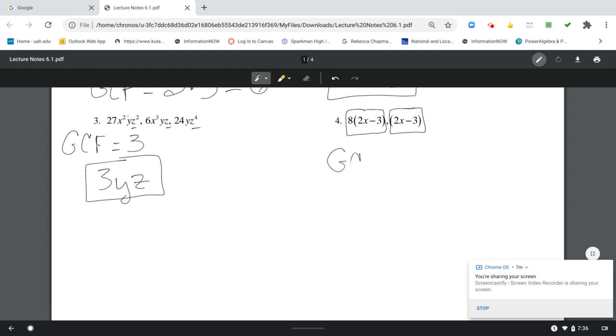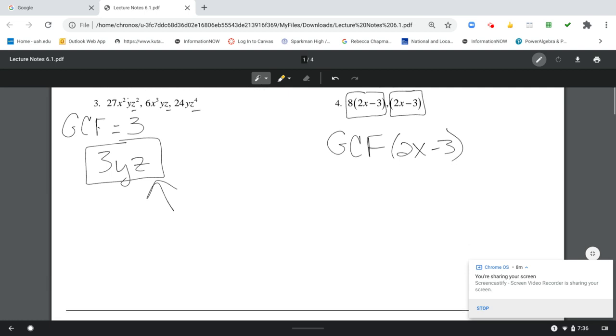So if you notice the greatest common factor, each group has a 2x minus 3 in it. So that would be your greatest common factor with respect to number 4 and the groups involved. So sometimes you're going to take out just a monomial factor, like the 3yz that we did in number 3, and sometimes you're going to take out a group with a binomial in it, like we did in number 4.